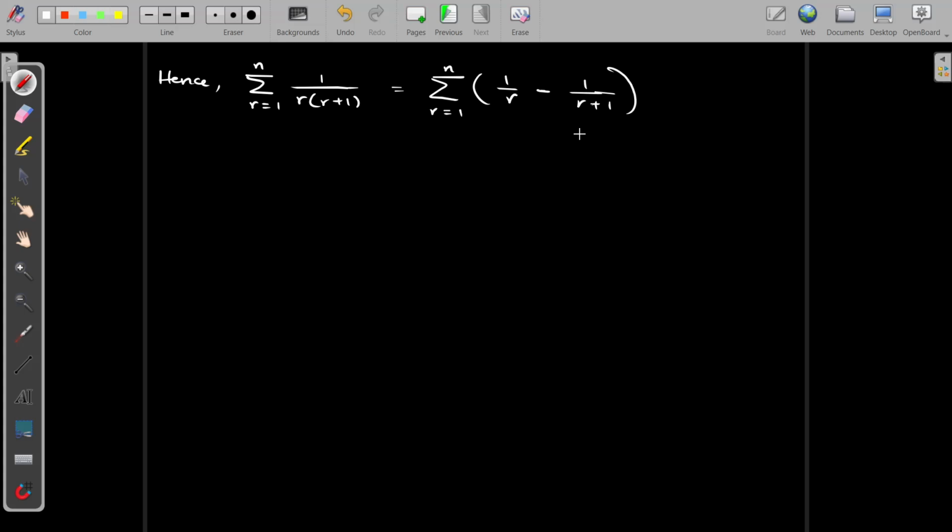So now what will happen is that if we expand this series, so let's say we're expanding and we're starting at 1. So when r is equal to 1, I want to see if we notice any pattern here. So expanding.